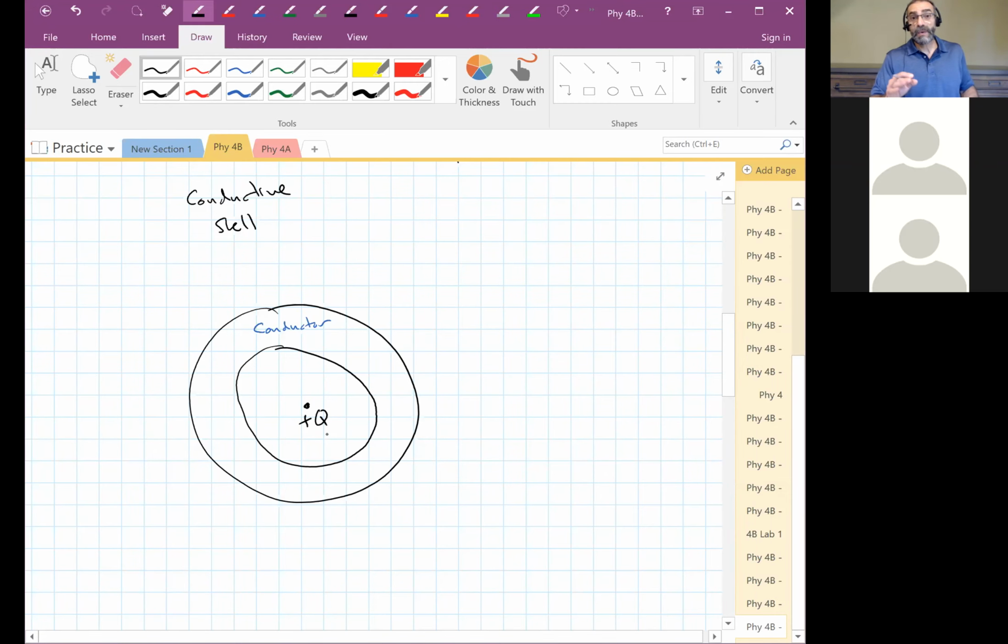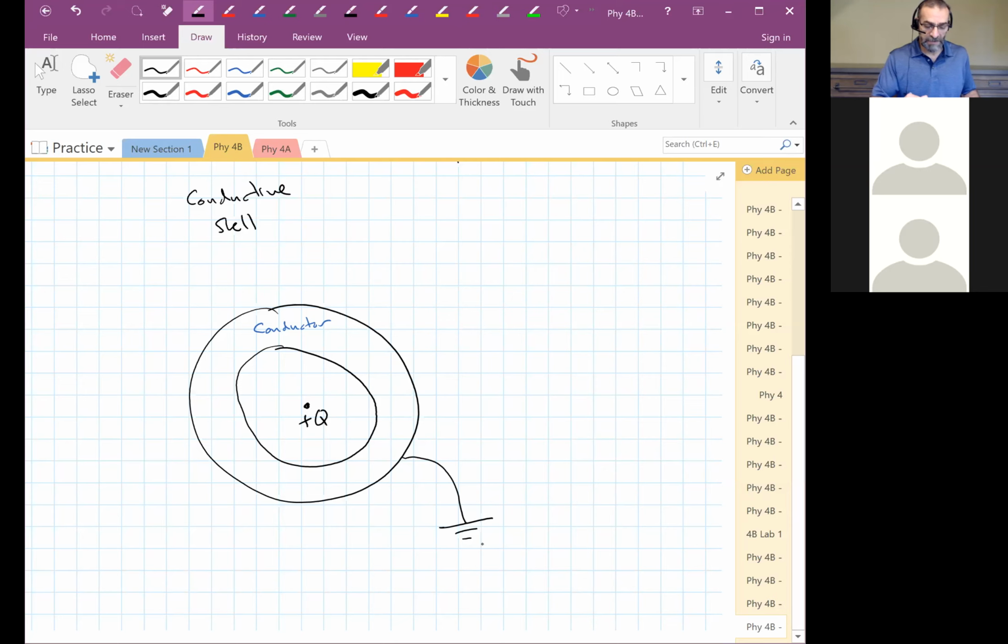This time, we're going to ground the shell. So we're going to attach this to ground. Ground is a reservoir of charge. So when we put that positive charge inside the shell, this is one way to think of it.